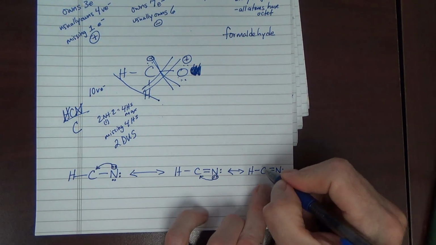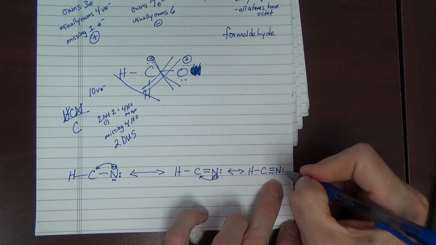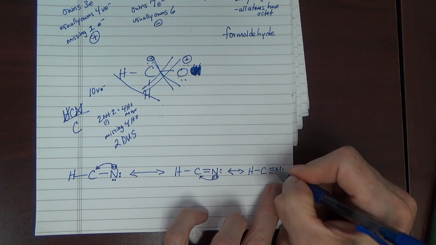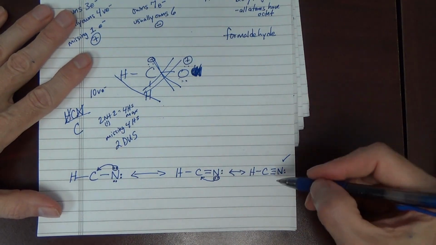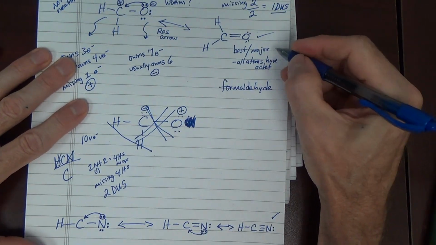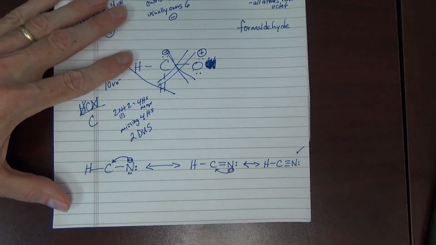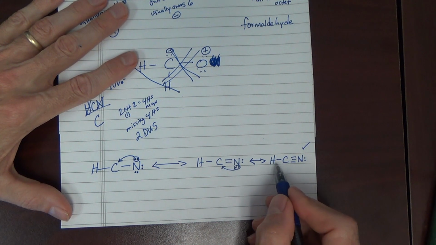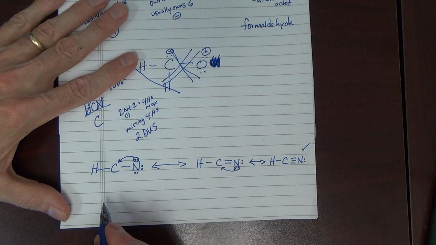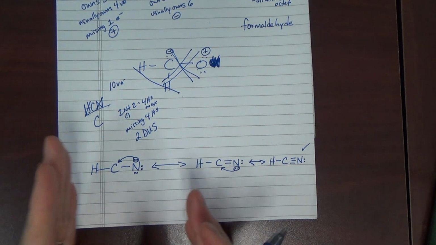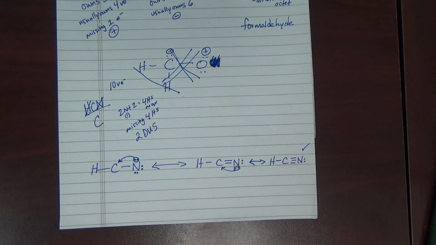Now let's assess it. Now the carbon has 2, 4, 6, 8, an octet, and the nitrogen still has an octet, 2, 4, 6, 8. And this is a good structure. This would be our best, major resonance structure, mainly driven by the fact that both heavy atoms have octets. So we can systematically arrive at a good structure as opposed to just randomly trying to generate a good structure.